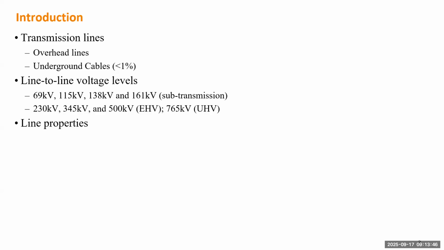So there are a number of properties we need to model for each transmission line. The first one definitely is the series resistance, because unless you use a superconductor, you can't get rid of the resistance. Realistically, you always need to consider resistance.